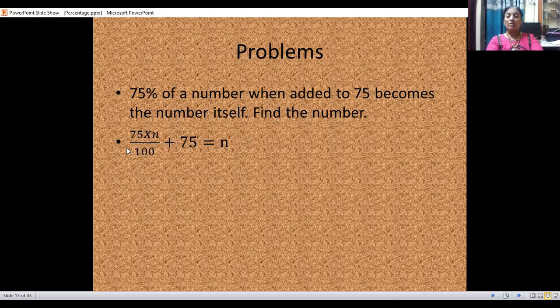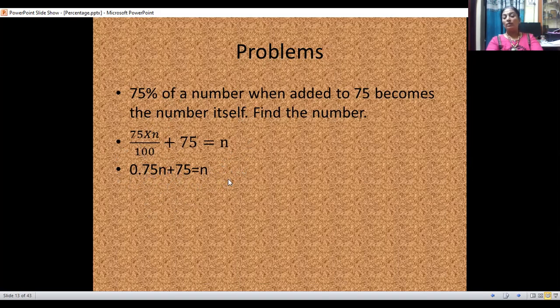Now, what does it become? 75 upon 100 means 0.75 n plus 75 is equal to n. Let us bring this 0.75 n to the other side, because n is here and n is there also.